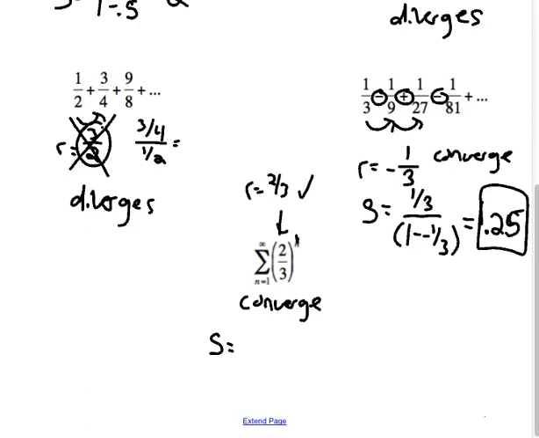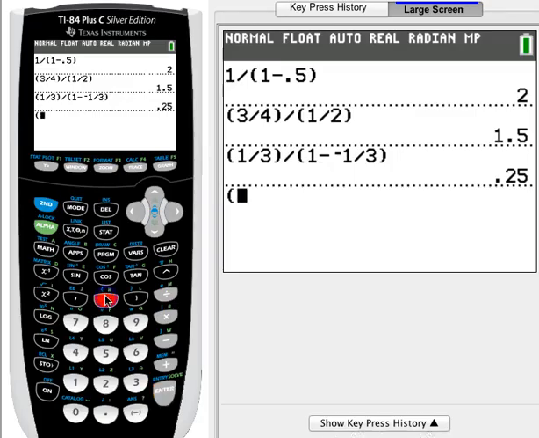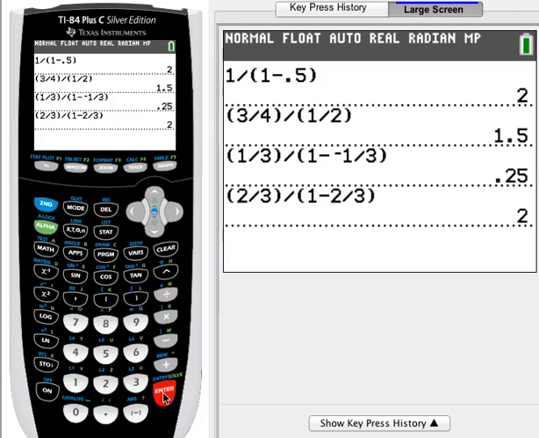Well, if I plug 1 into there, I'm just going to get 2/3, over 1 minus that rate of 2/3. Let's plug that into our calculator. So 2/3 divided by 1 minus 2/3. And that gives me a sum of 2.